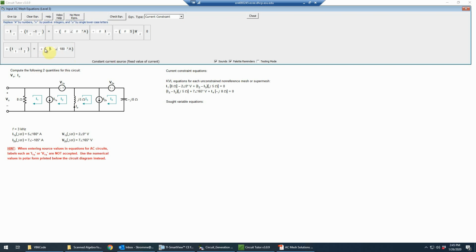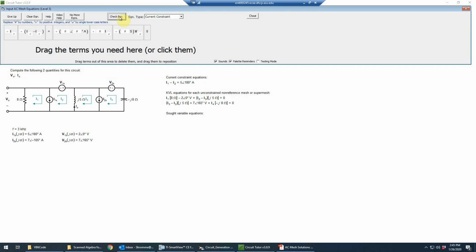You could, if you wanted, put a minus sign out here instead of the 180 degrees. You could change that to 0 degrees and put a minus sign out here, but we'll just leave it like this for now. Okay, so that is correct.